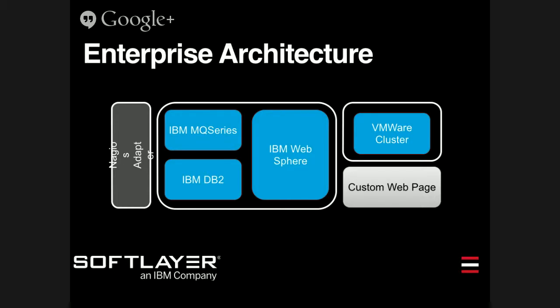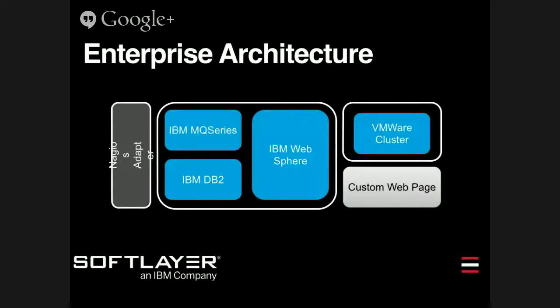And you've got WebSphere running, and you've got your UDDI, and some code running there, and you're storing stuff in DB2, and you've got your VMware cluster all set up, and you're spinning instances up and down based on what's going into the queue, and you've got a custom web page deployed to look at everything that's going on. That's great, and you're probably several hundred thousand dollars in at this point, but you've got lots of capacity and you're ready to go when times get tough and there's a lot of resource load.